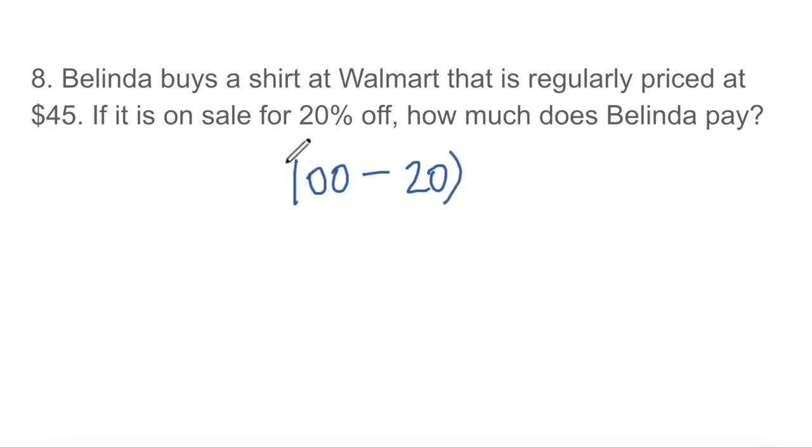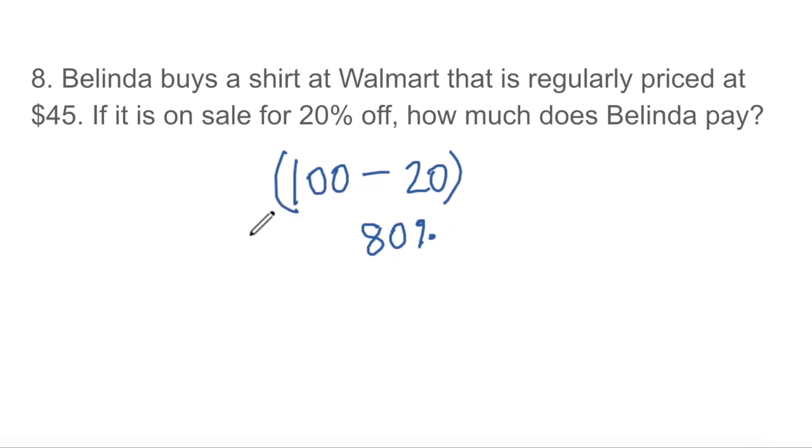So she's going to pay, what's that, 100 minus 20? She still has to pay 80% of the regular price, right? She gets 20% off, so she still has to pay 80% of the regular price. So we're going to subtract her discount from 100, because 100 is the regular price. That's the full regular price, minus her discount.